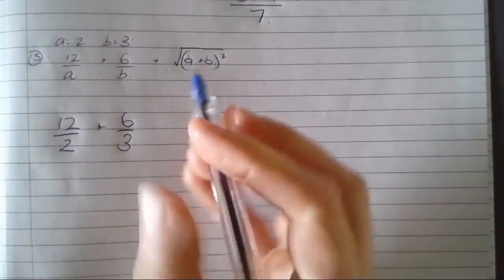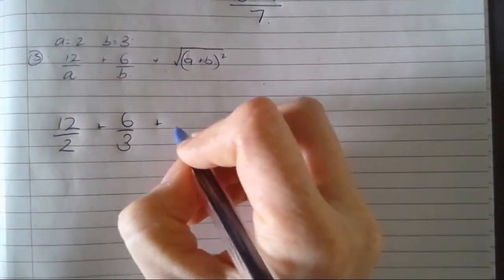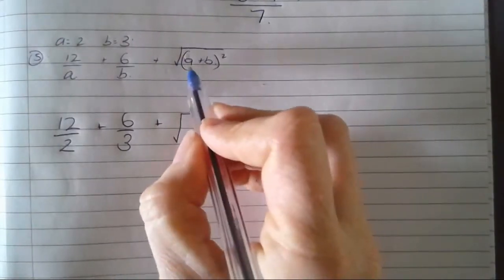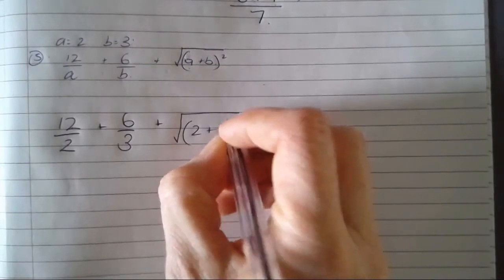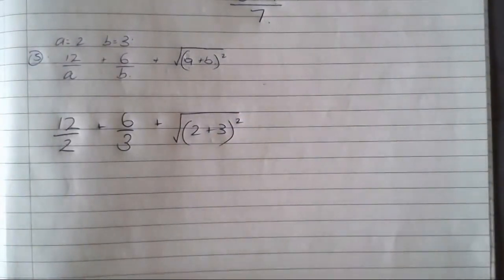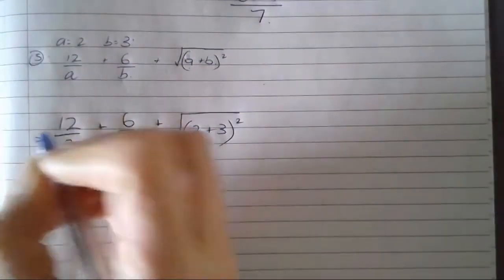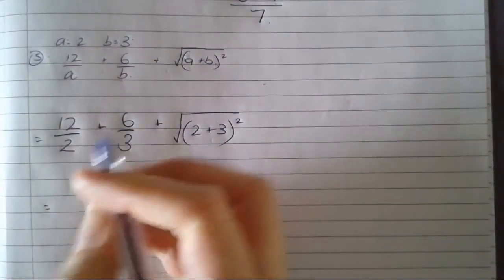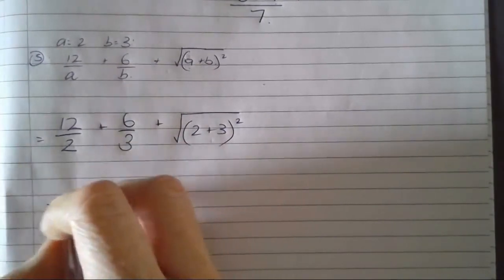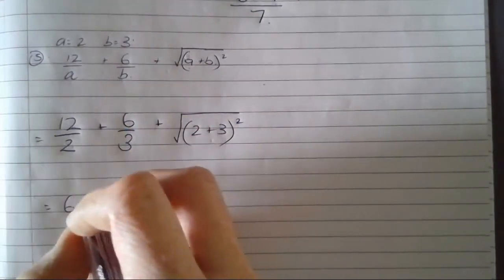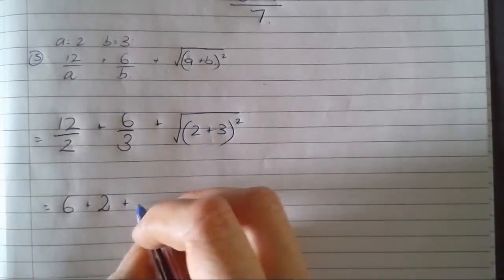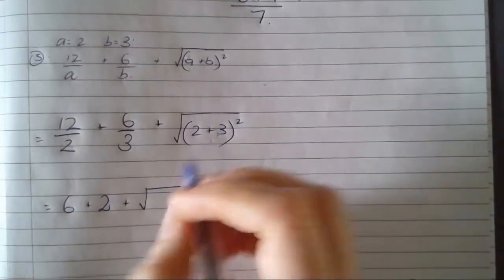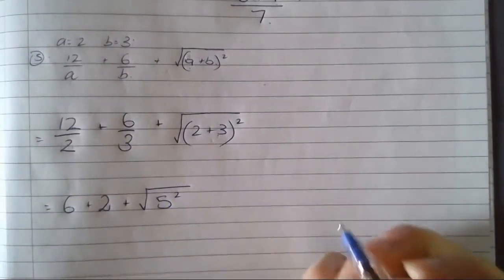So that means a division, plus the square root of a plus b, so 2 plus 3, squared. Alright, so already that's looking heaps more simple. So 12 divided by 2, 6. 6 divided by 3, 2. Plus 2 plus 3 is 5 squared.